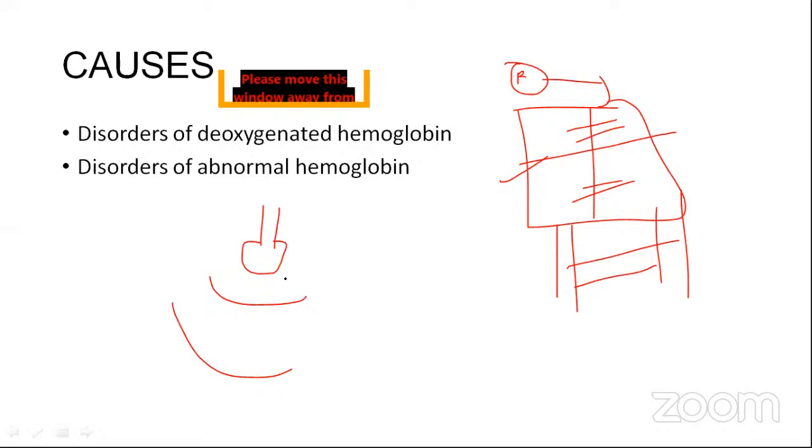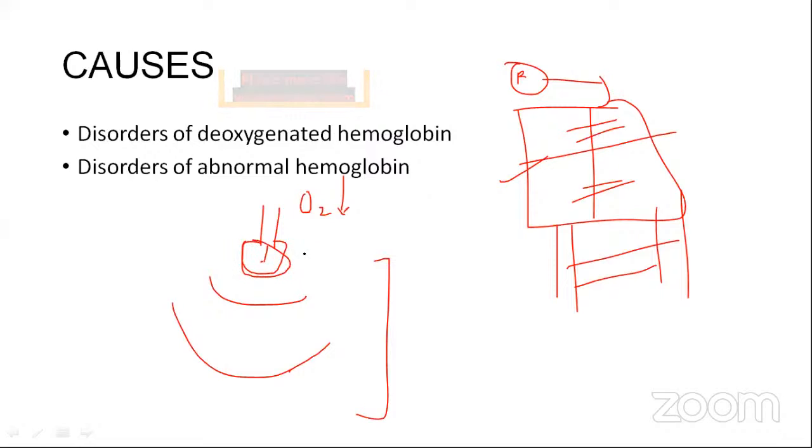Let's take this diagram to understand the respiratory cause. If this is my alveoli and this is my blood vessel, this whole thing is called my respiratory membrane. If the oxygen in the air is low, you can get hypoxemia or central cyanosis. As it comes to the alveoli, if there is an alveolar collapse, or if there is increased fluid in the interstitial space that is preventing the flow of oxygen, that can also cause cyanosis.